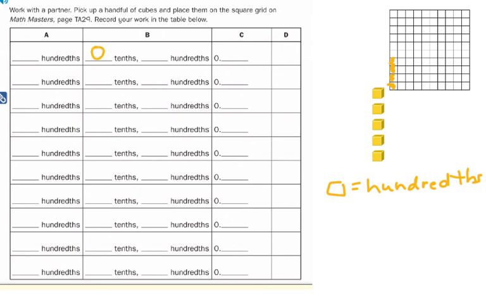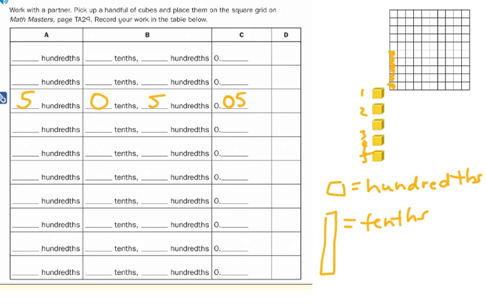So I don't have any longs. Oh, let me write that in the right spot. You should be on number 3 right now. There's 0 longs. Remember, the longs equal tenths. But I have 1, 2, 3, 4, 5 hundredths. So I put in 0 longs, 5 hundredths. I have 5 hundredths. If I were to cover that, yes, I have 5 there, it'd be 5 out of the 100 needed.